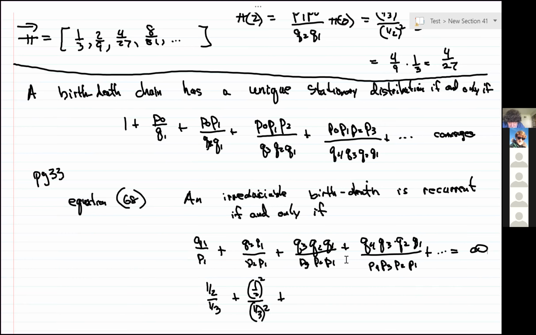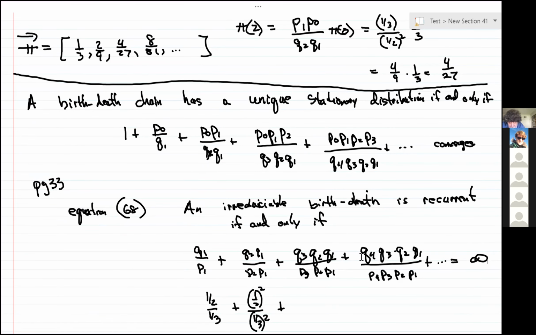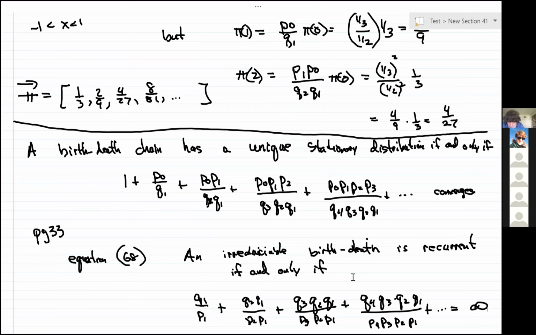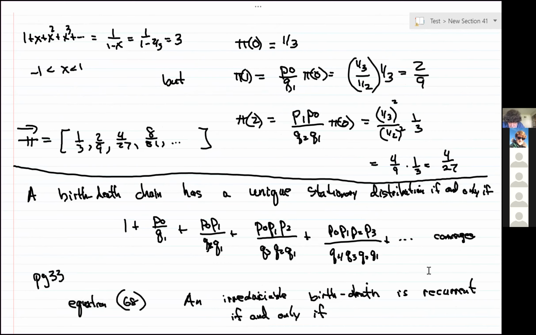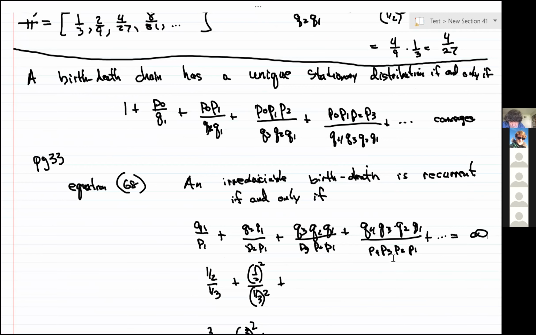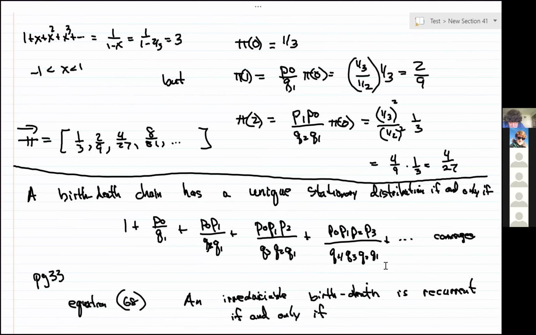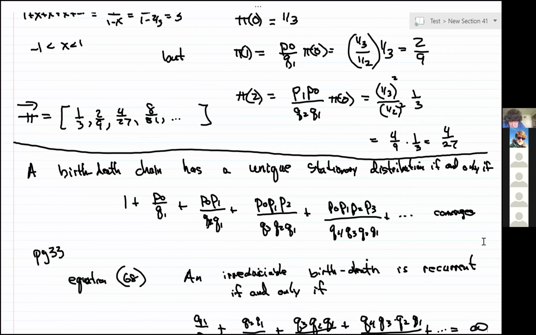And this condition is telling us what we need for the stationary distribution to exist. And it's just the flip of the terms we have here, which we already saw converges. So for the original example, both equations are true. This equation converges, which means the stationary distribution exists. And this one diverges, which means it's recurrent.